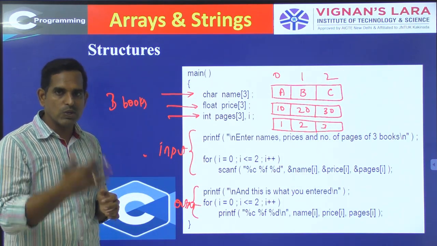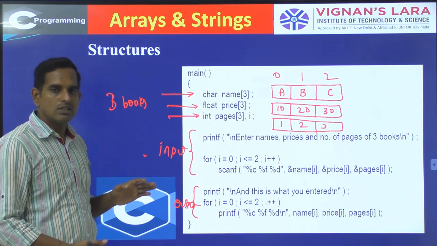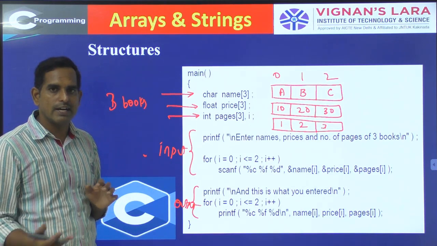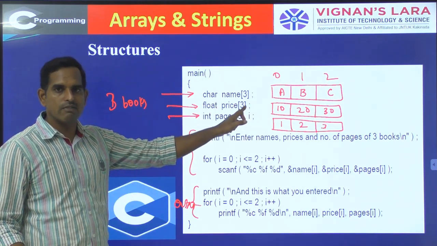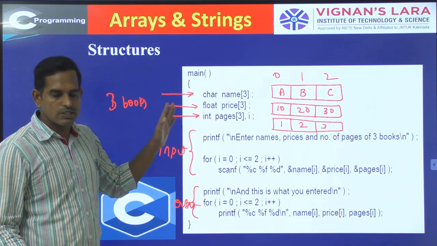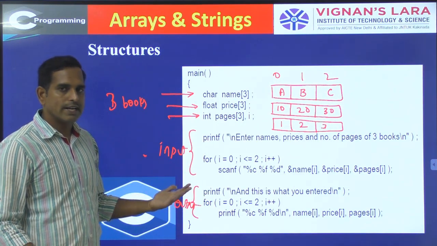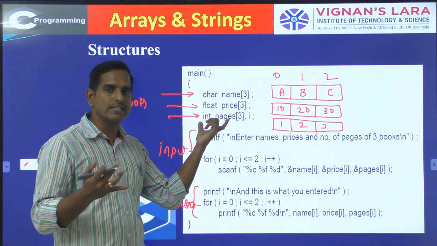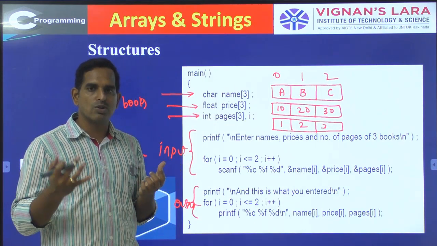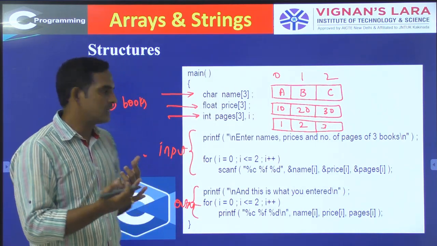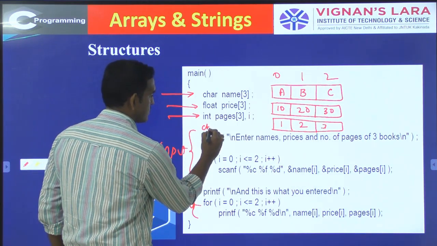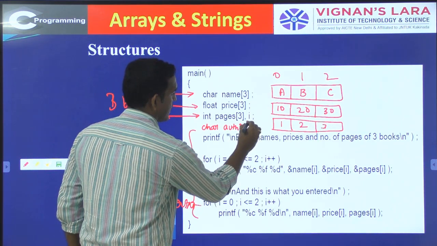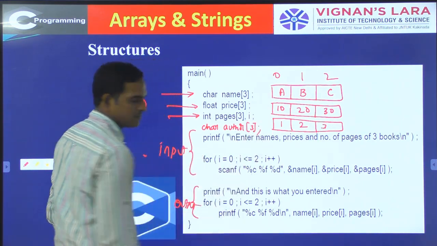Suppose I want to create the 4th book, then I have to increase these values. If I want to create another 100 books, then I have to create 100 values. And if I have a new entity for your book, if I want to store the author of the book, then I have to create another array, author, and store them here.